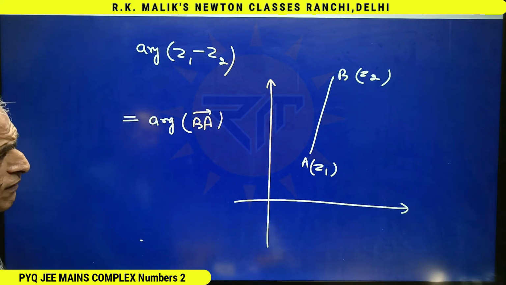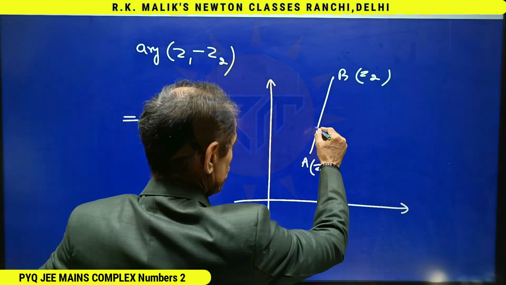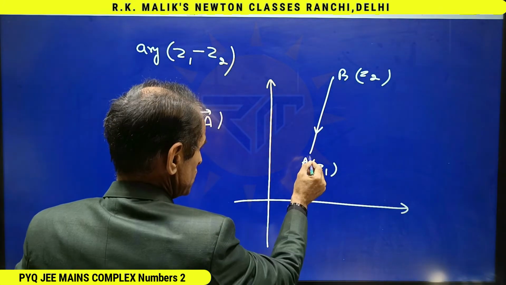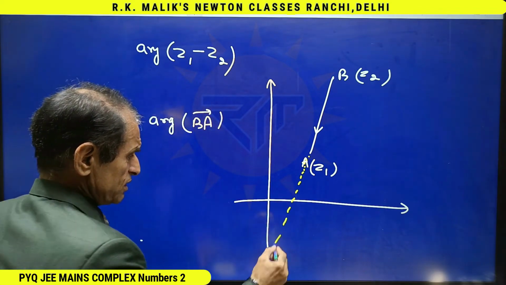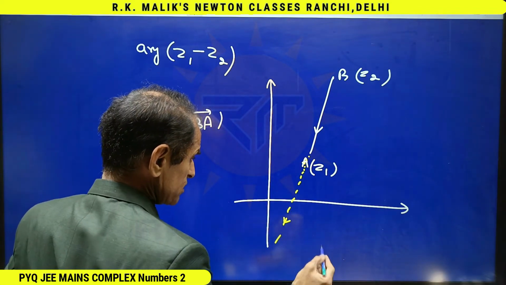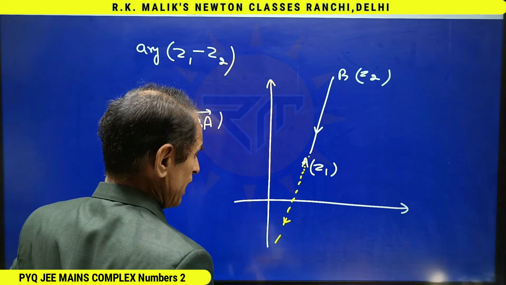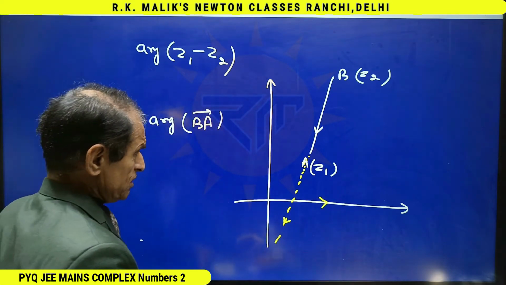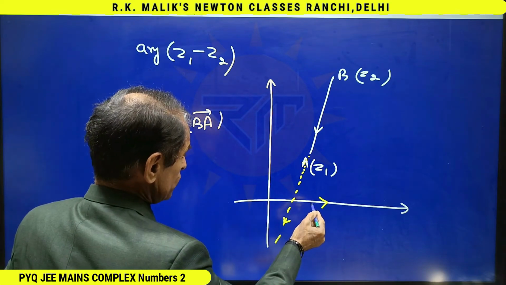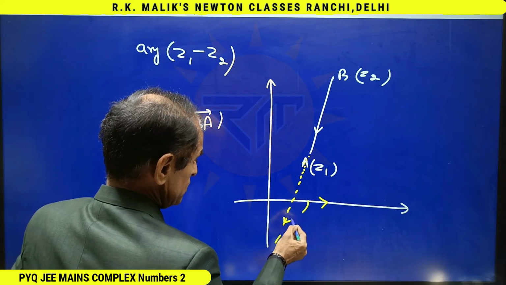And argument of BA vector means, first thing, the direction is downwards. If I extend it, it is in the downward direction, and we always deal with the positive direction of x-axis, and the angle always starts from the positive direction of x-axis.